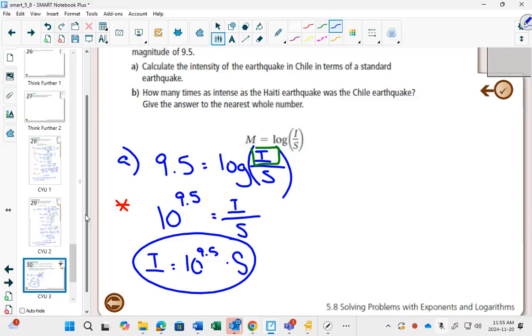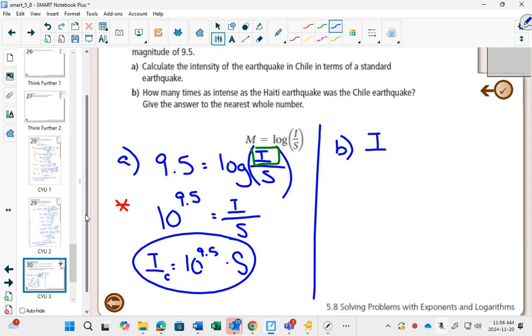Now in B, this is where the shortcut comes, because often they'll ask you to compare earthquakes. The Haiti earthquake was a magnitude 7. I'll put a little C beside the intensity for Chile.